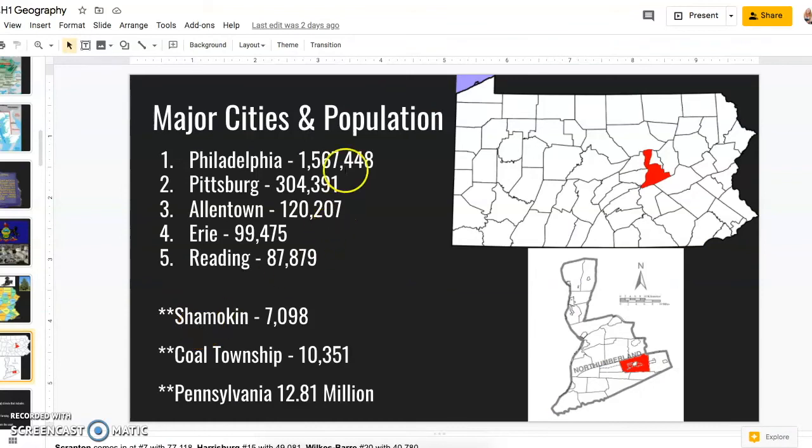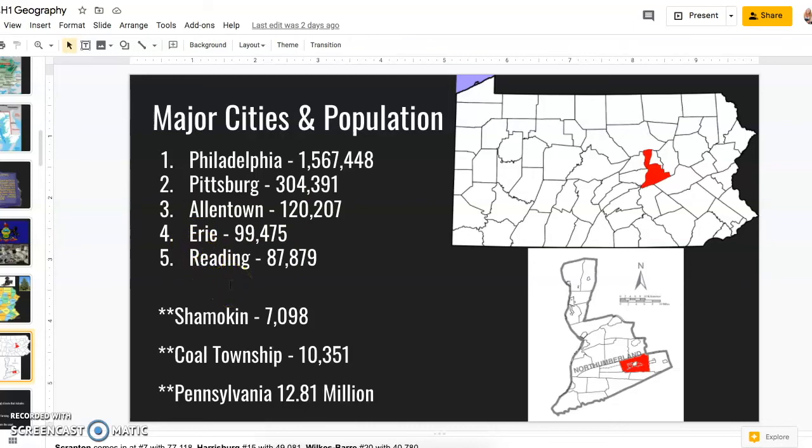Now let's look a little bit more. I know I was just talking about population, but Philadelphia is our largest city. There's our population. Next is Pittsburgh, and it's a far drop off. So Philadelphia is actually huge and gigantic. Some of our other large towns include Allentown, Erie, Reading, based on population.